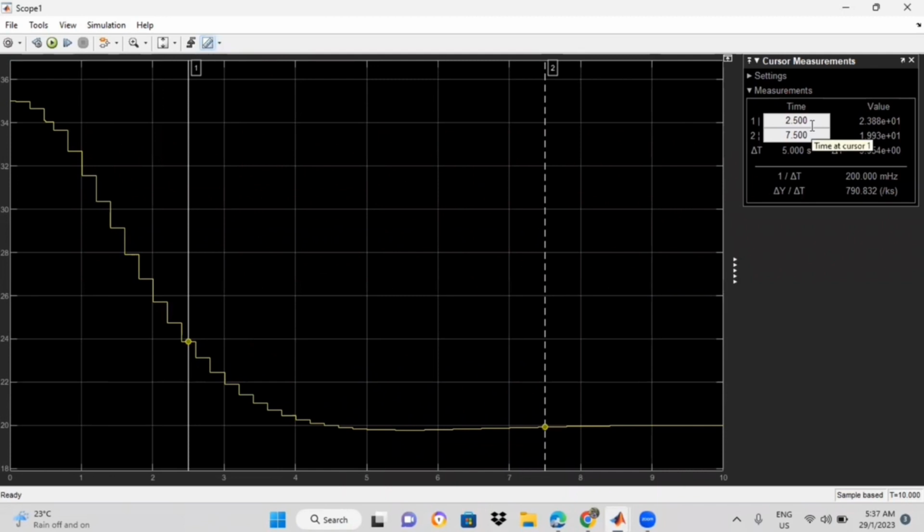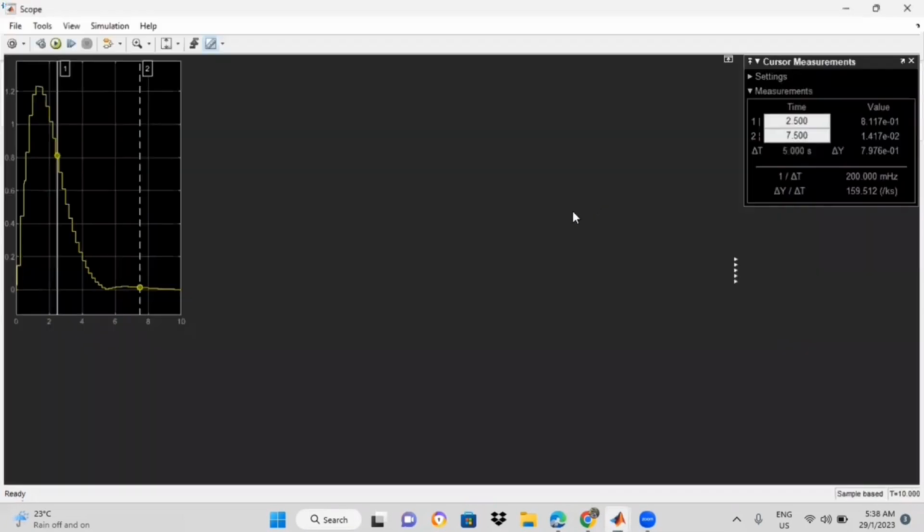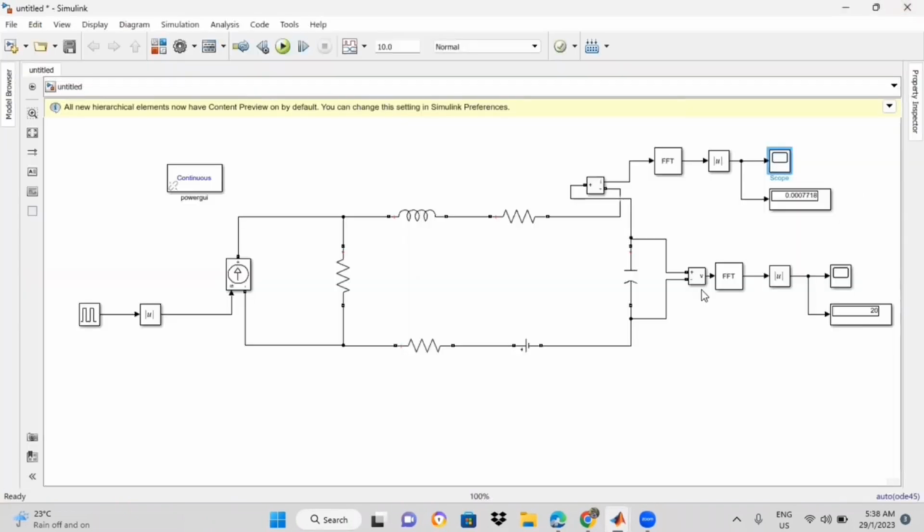And then the scope also can show the graph, and on that particular toolbar, it can show the value of the voltage across the capacitor at a particular time. As well as the current measurement, we can also obtain the graph using the scope, and it can also show the value of the current at one specific time.